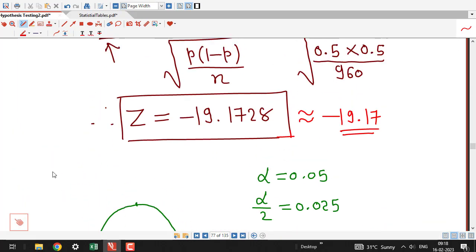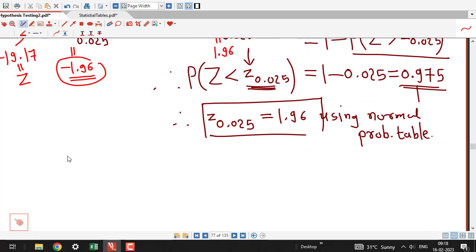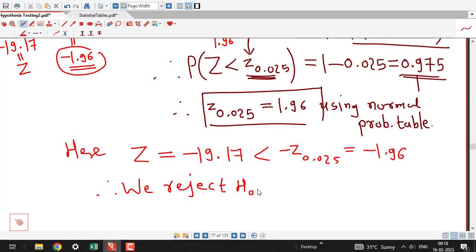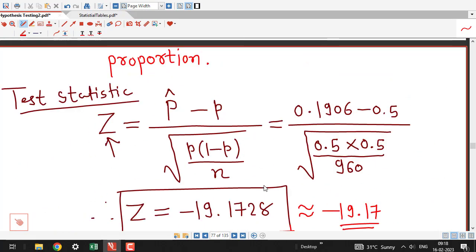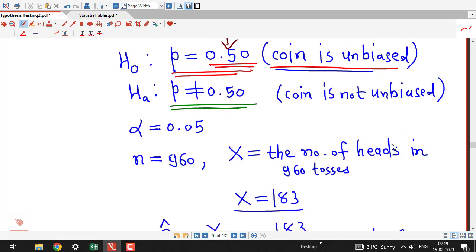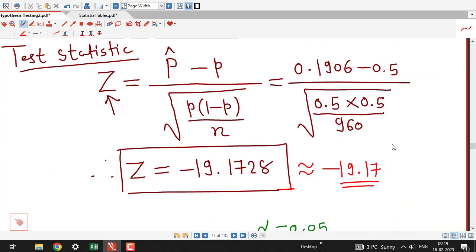So now we can write that the calculated value of the test statistic, minus 19.17, is less than minus z suffix 0.025, which is minus 1.96. Therefore we reject the null hypothesis. And what is the null hypothesis? The null hypothesis is that the population proportion is 0.50 or the coin is unbiased. So we cannot say that the coin is unbiased.